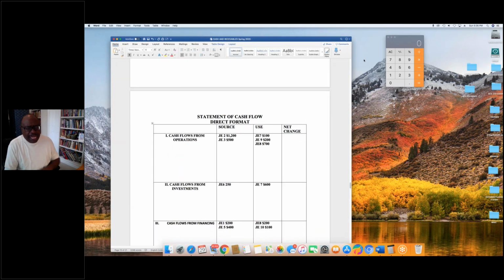To determine what's happening, we add up in each area sources and uses. So if we add up our sources and operations, 1, 2, and 5, we add all of these up, that's going to be 1,700.